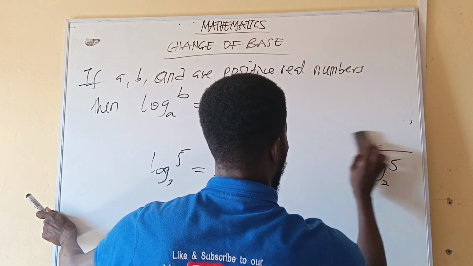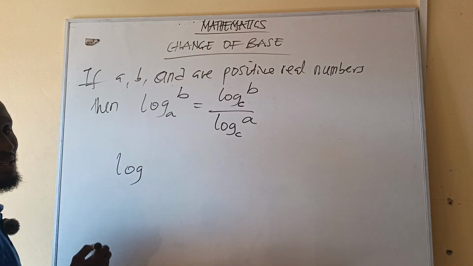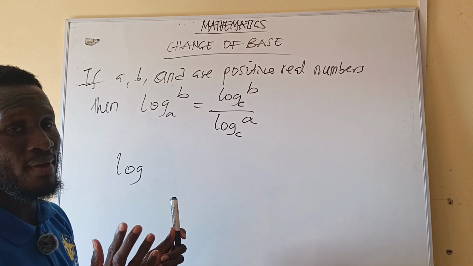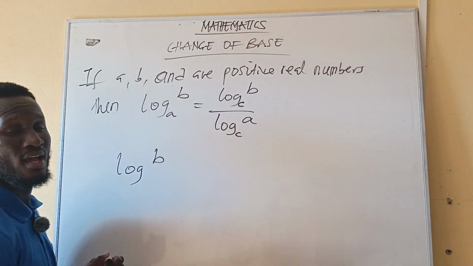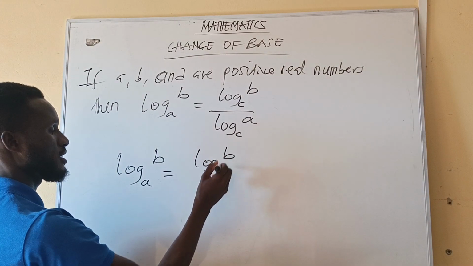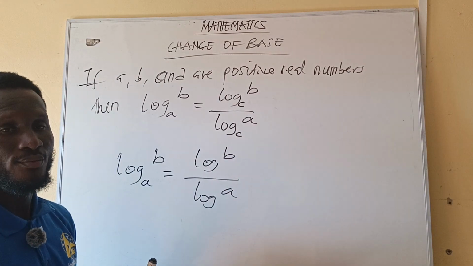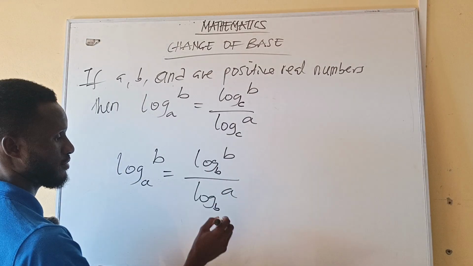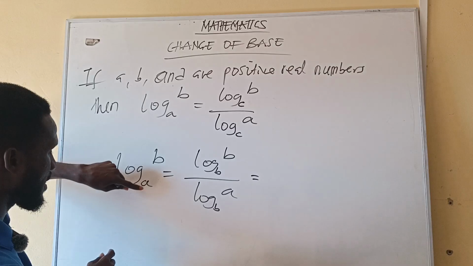Now, another way is this: I want to change the base to B. Instead of letting the base be A, I want the base to be B. So if I have log B to the base A, then I'm going to get log of B over log of A. At this particular point, I want to change the base to B, so here is supposed to be B. You can see that when we are changing just the base, the B is coming here, the A is going there.